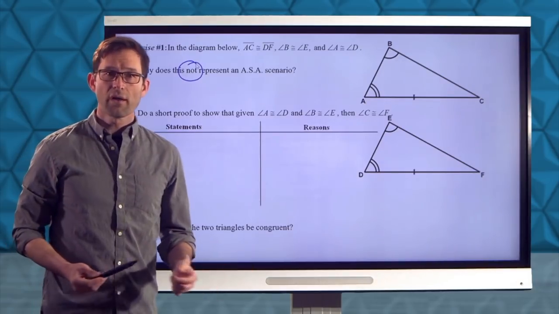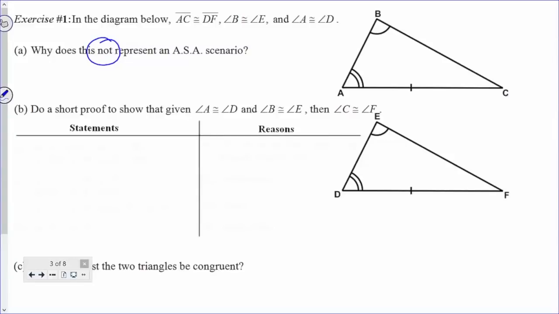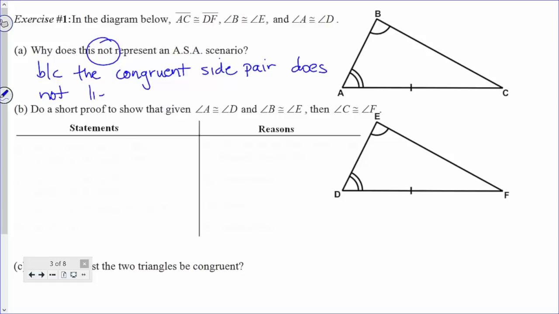All right, well, let's talk about it. Okay, the reason it does not represent an ASA scenario is because the congruent side pair does not lie between the two angles.